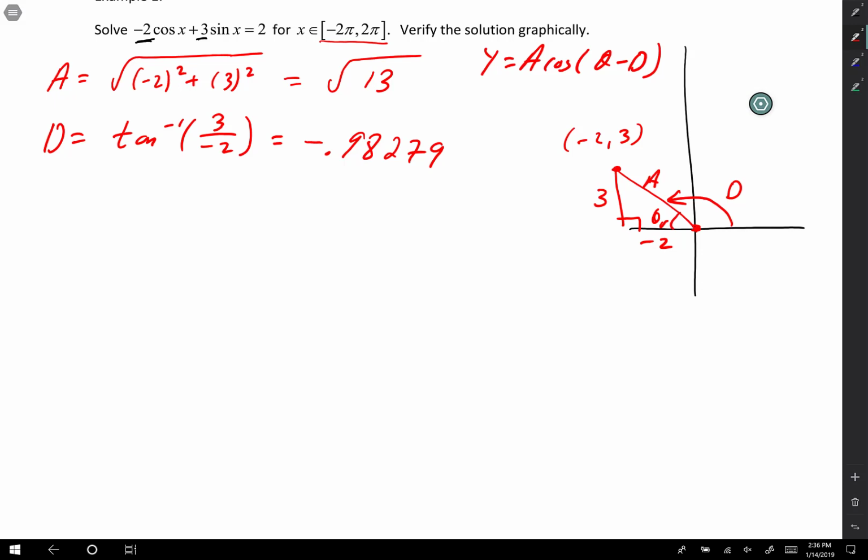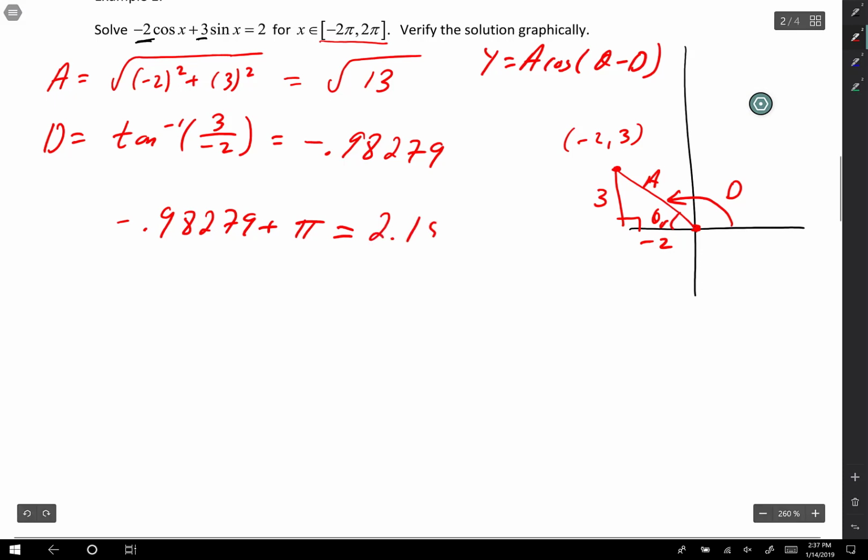So how do I get to quadrant 2? Add what? Not 180, we're in radian mode. Add pi. Add pi, guys. So here we go, plus pi. So now I have 2.15879, and it keeps going. Try and use as many digits as you can.